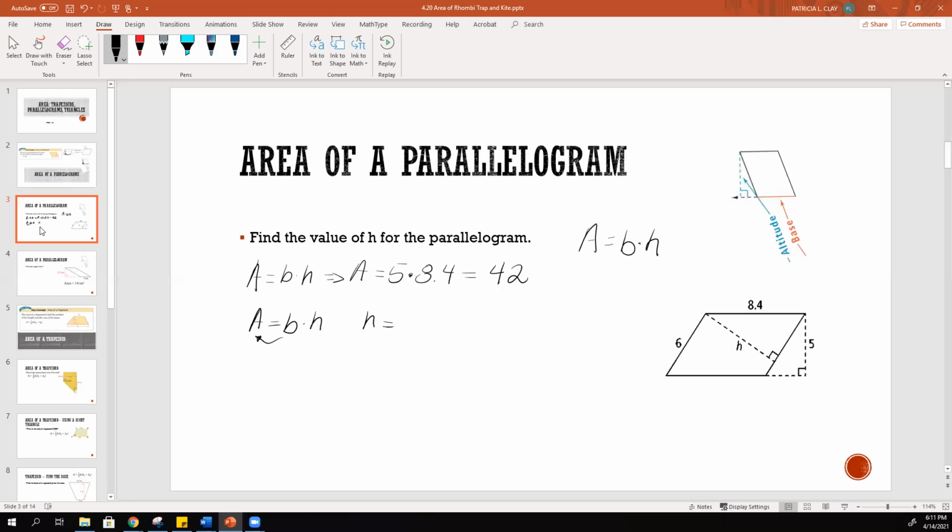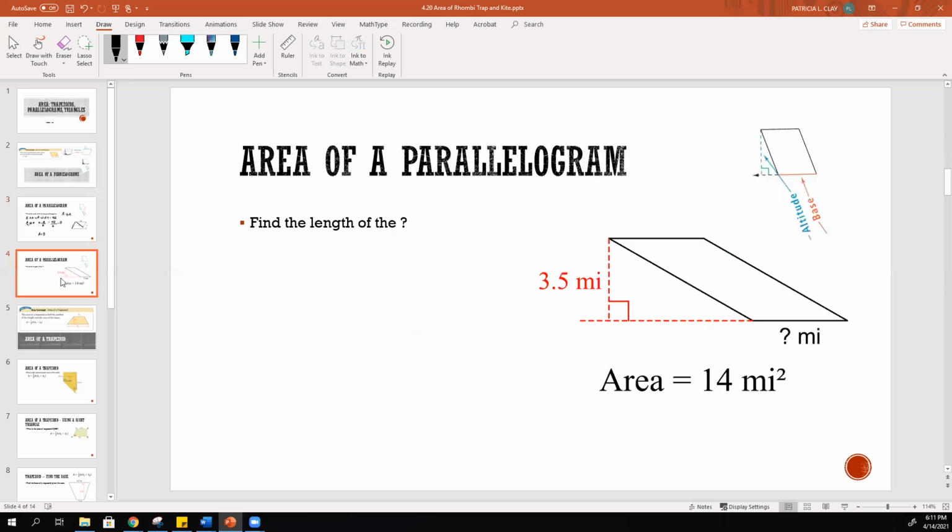H is equal to A over B. Now we have the area, which is 42, and now we're going to use this base right here, and then we can find this height. So we're going to use 6. We find out H is equal to 8. I'll write it down here so that we know H is equal to 8. Okay? Let's move on to the next one.